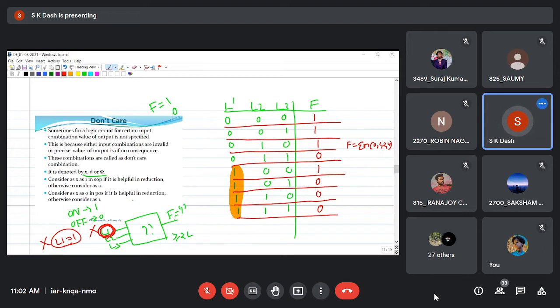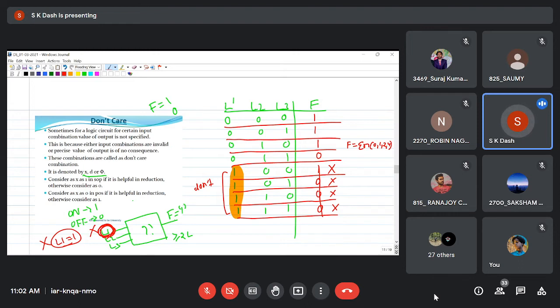So these combinations are called don't care combinations. And what we used to do? Its corresponding output, we used to write as cross, D or phi. It is of no use, for the time being.